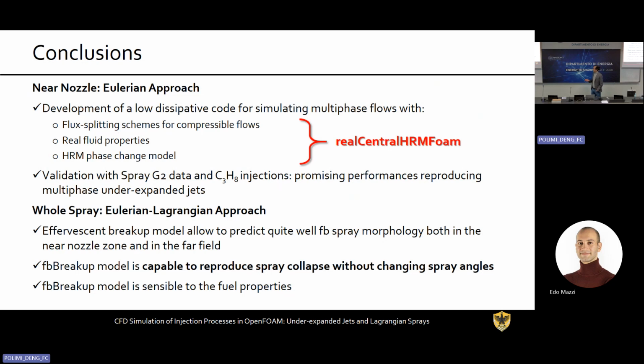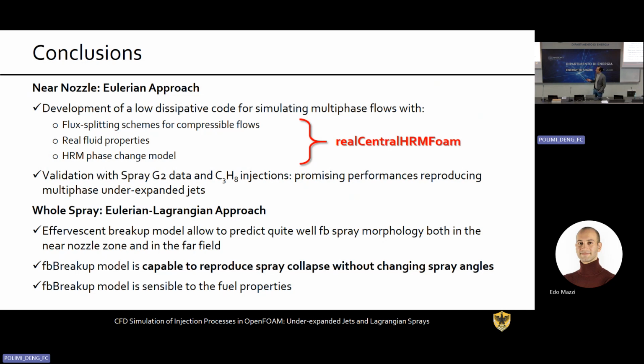This code is quite fast. We believe that we can exploit it to understand the underlying physics of this phenomenon, to get simplified models, and to understand what we have to solve about underexpanded jets in terms of engine application.